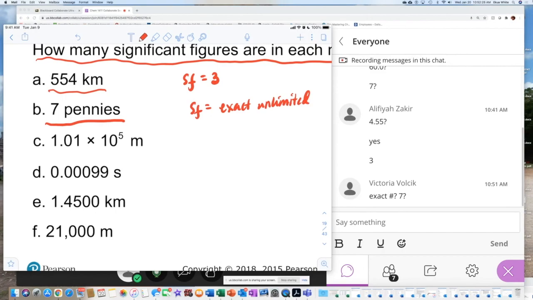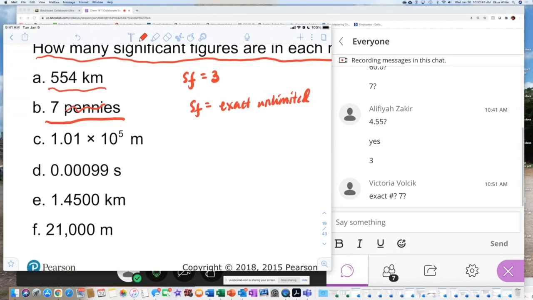Now, if you're working out a problem on the exam, I will rarely assign you something ambiguous like this. But if you were, and instead of the unit pennies here, this said 7 meters or something like that, then you would count this as one significant figure.